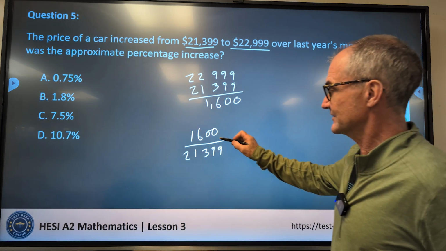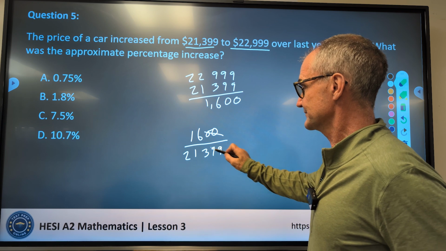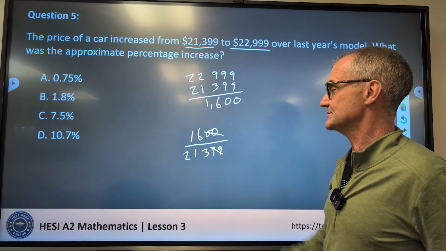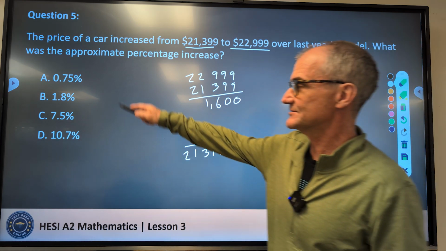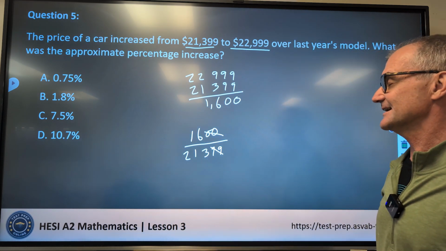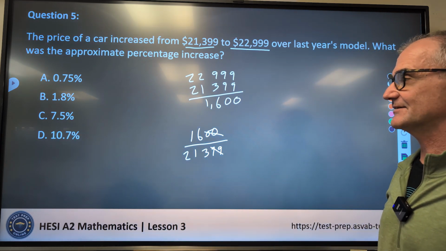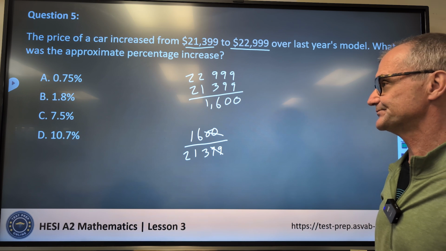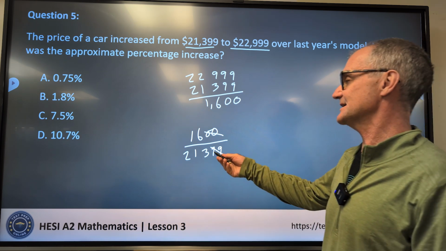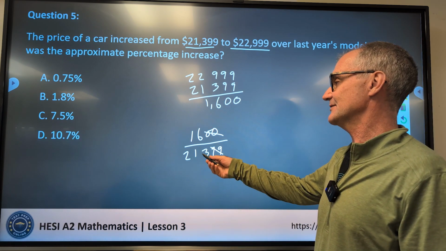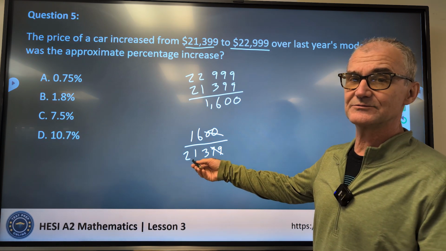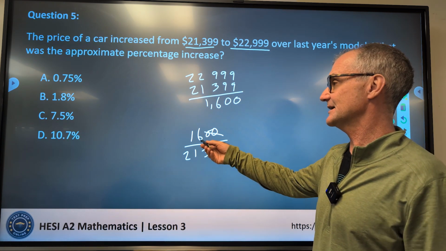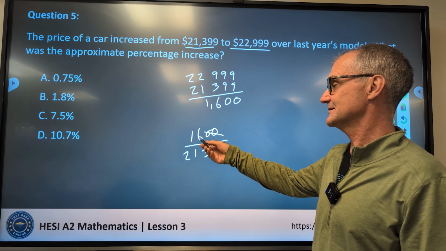Let's see if we can figure it out from those answers right there. So let's just knock off 2 zeros first. Call it a 4, so 16 under 214. These answers are so far away that I think we could probably figure it out without having to do that long division. 10% of that would be 21, right? 10% of 213 would be about 21, and we're not even really at 21.